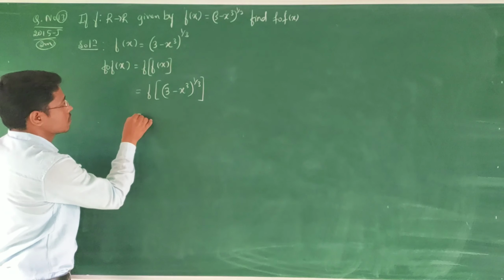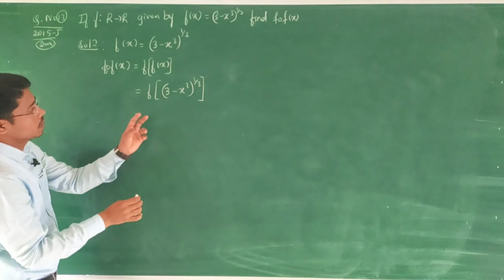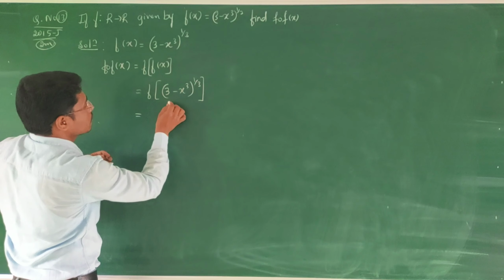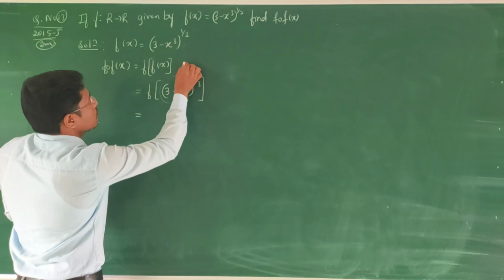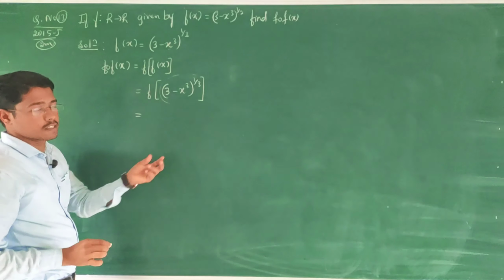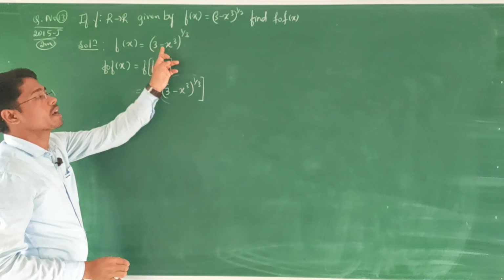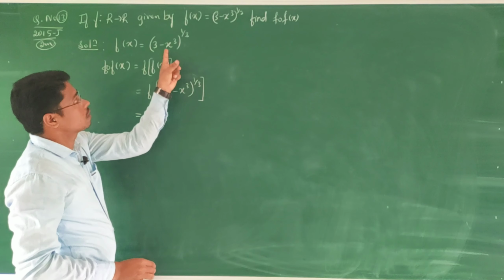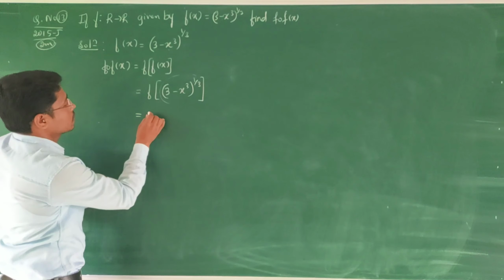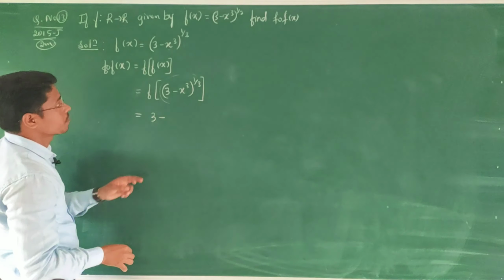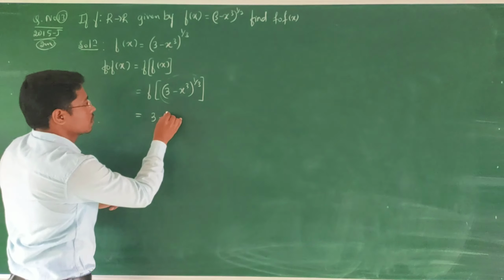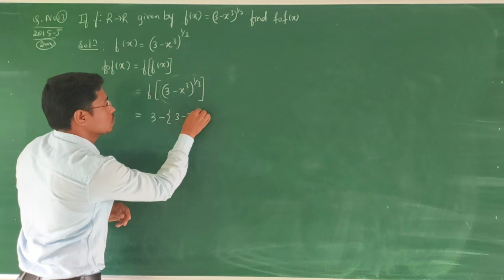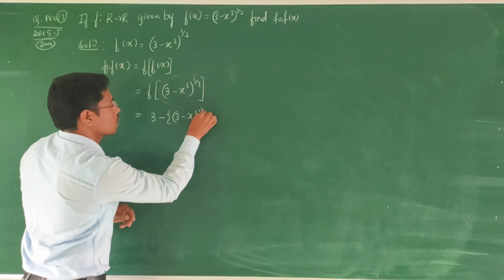So if we have f of x, let us put this x, this is our x now. f of x equal to 3 minus x cube raised to 1 by 3. Here x is our input, so put it in: 3 minus x cube raised to 1 by 3.